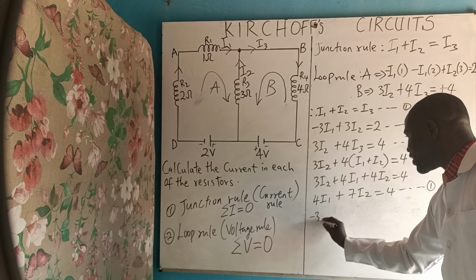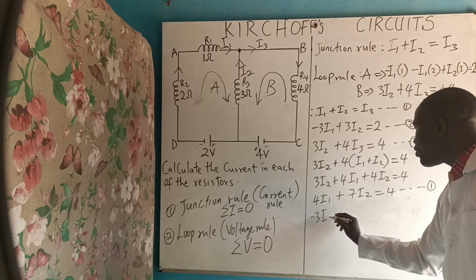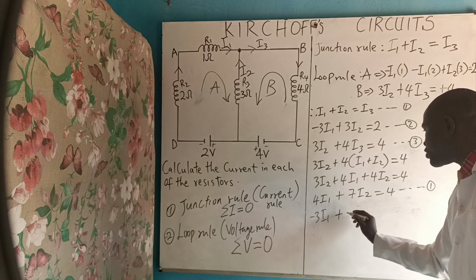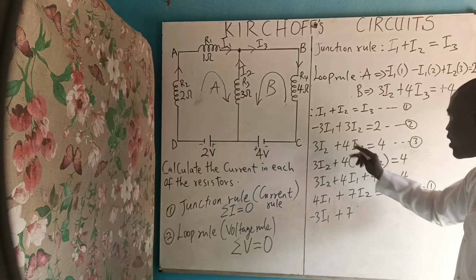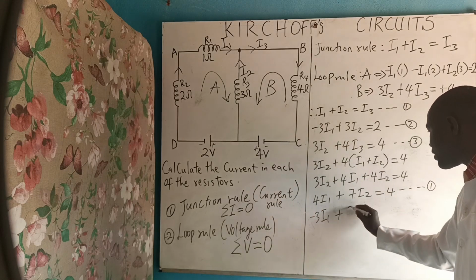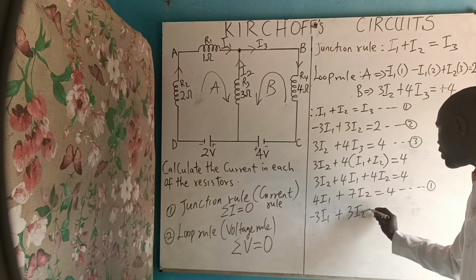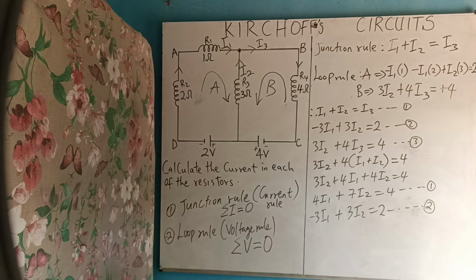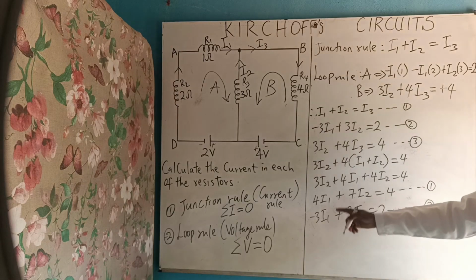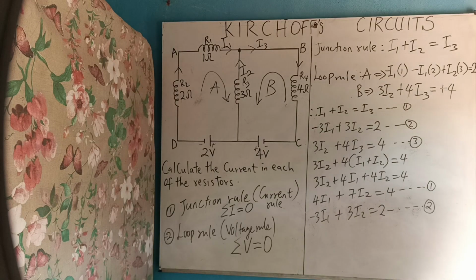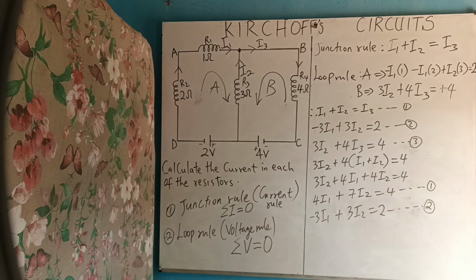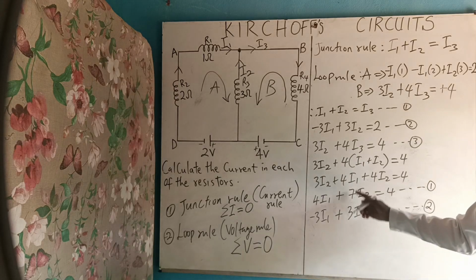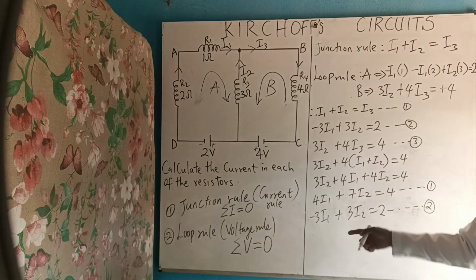Then we pick this one and write it here: minus 3I1 plus 3I2 equals 2. We'll call this a new equation 2, because this is now in terms of I1 and I2 to be solved simultaneously. There is nothing to eliminate or remove.